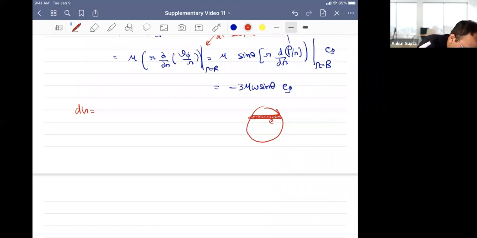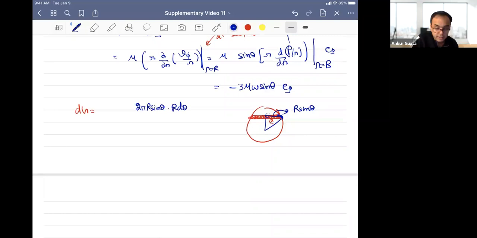This distance d is r sine theta, and the area is 2 pi r sine theta, which is the circumference, times r d theta. So 2 pi r sine theta times r d theta is the area.